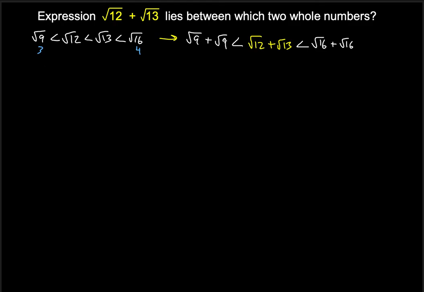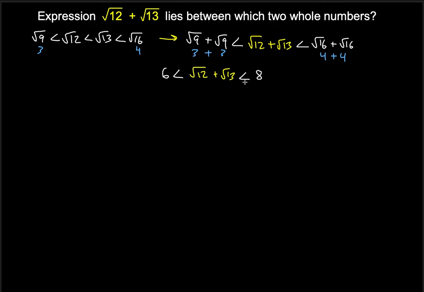This means that 3 plus 3, because each of these is 3, and 4 plus 4. So 6 is less than radical 12 plus radical 13, which is less than 8.